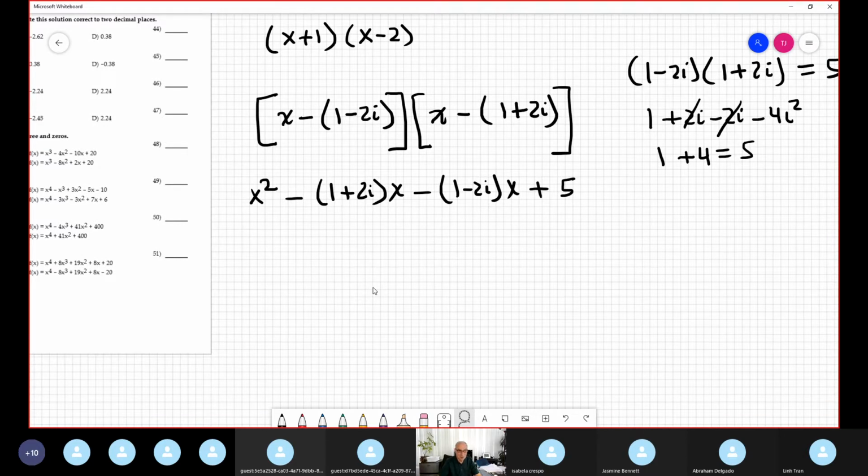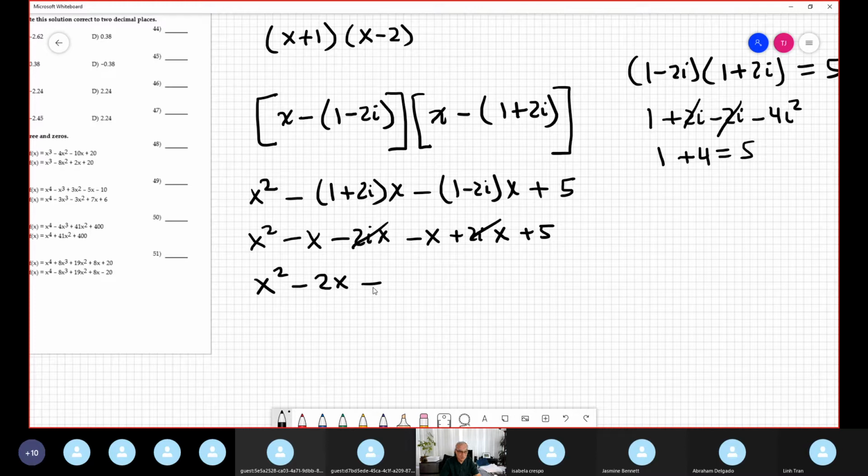Now you apply the distributive property here: x squared, this is minus x, minus 2ix, minus x again, plus 2ix, plus 5. Okay, now it is cancelled. This is expected. Now we have x squared minus 2x plus 5.